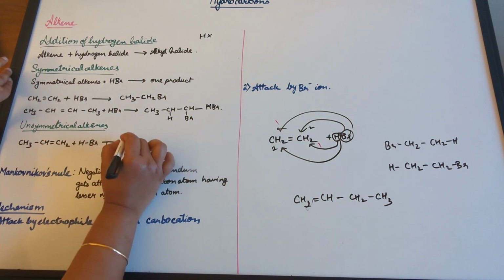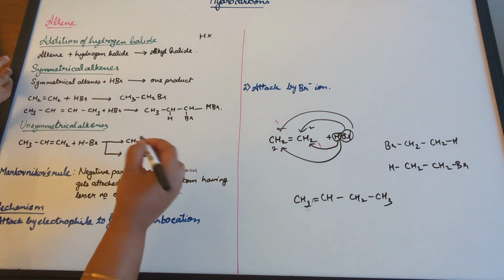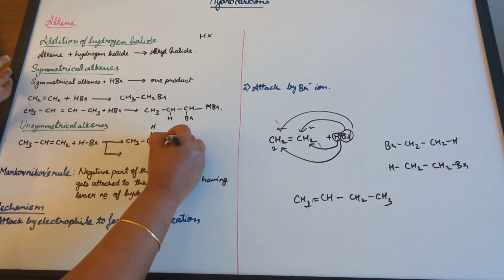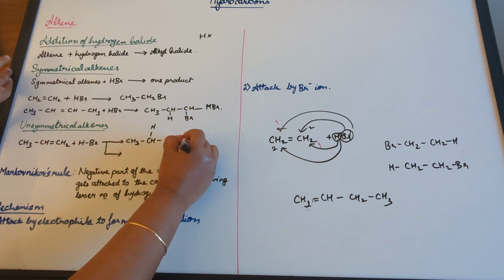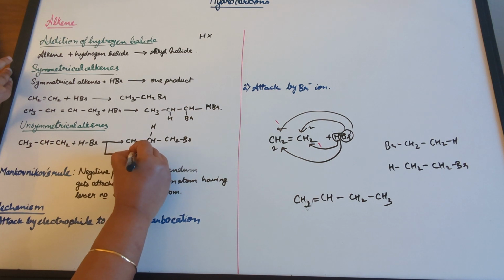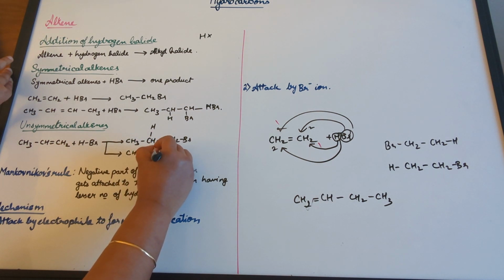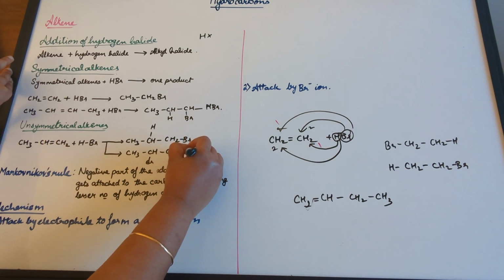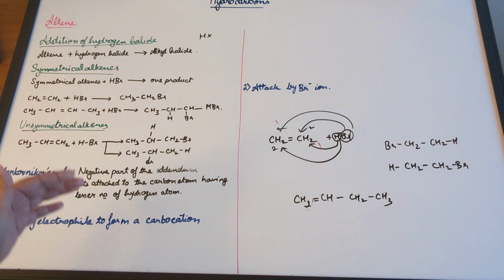The product would be CH3, CH, CH2Br. And the other way around would be CH3, CHBr, CH3. So we are getting 2 products, that is 1-bromopropane and 2-bromopropane. So there is the difference that we are observing.